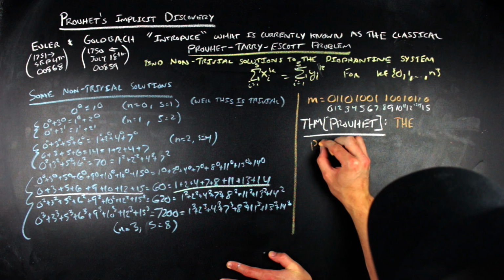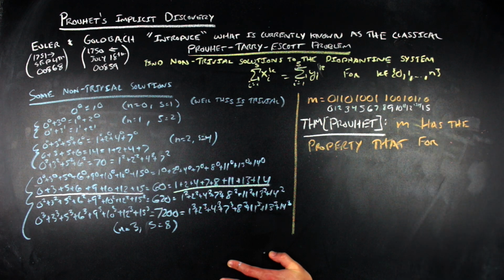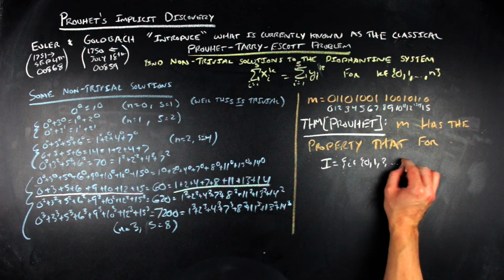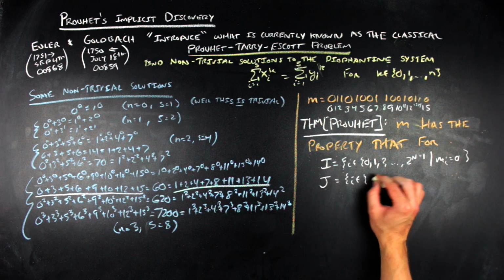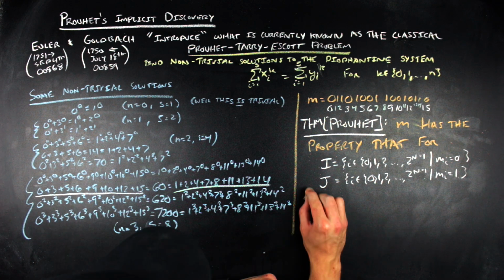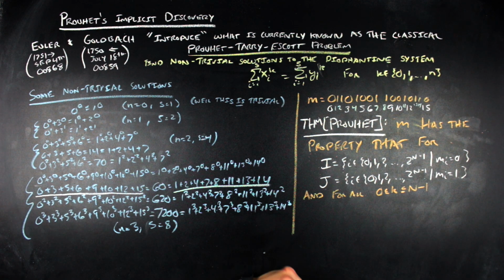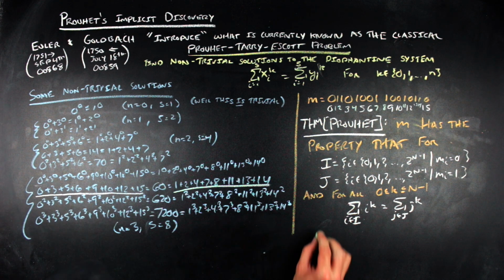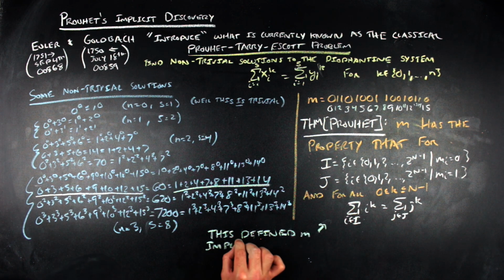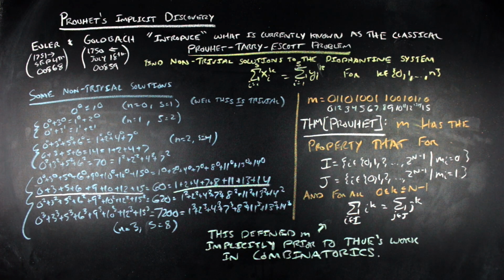In particular, the Prouhet-Thue-Morse sequence M has the property that for I being the set of numbers from 0 to 2 to the big N minus 1 such that M sub I is equal to 0, and J being the set of J from 0 to 2 to the big N minus 1 such that M sub J is equal to 1, then for all 0 less than or equal to k less than or equal to big N minus 1, the I's and the J's satisfy the Diophantine system described above in the classical Prouhet-Tarry-Escott problem.